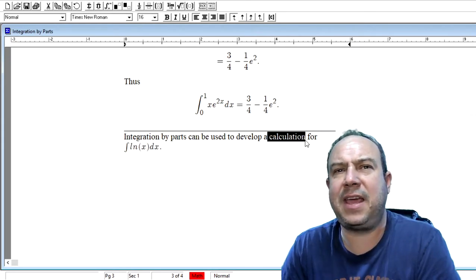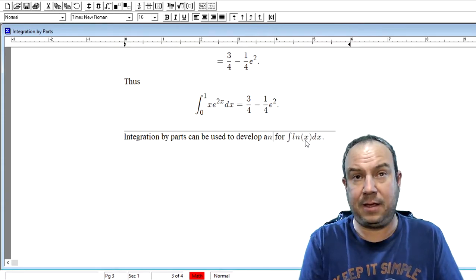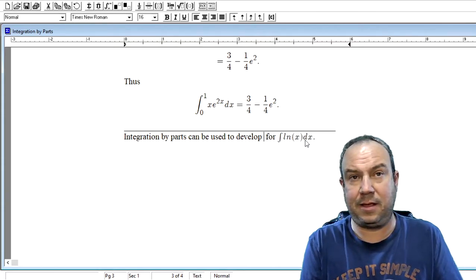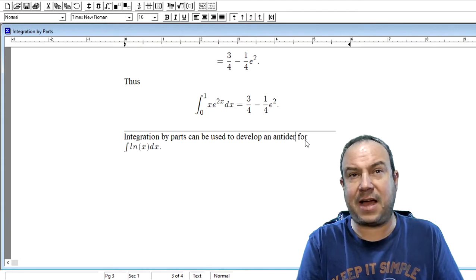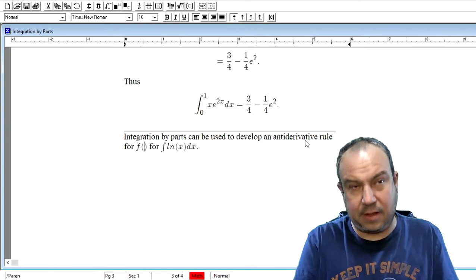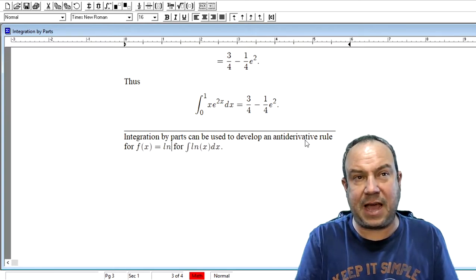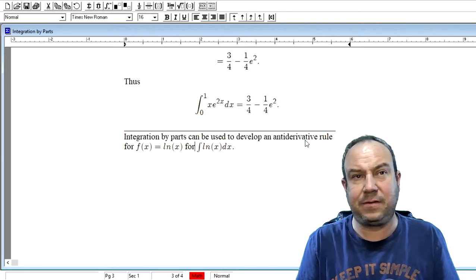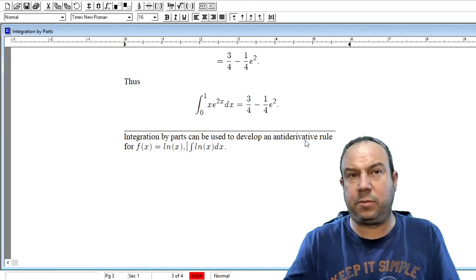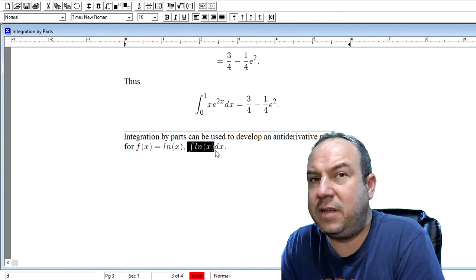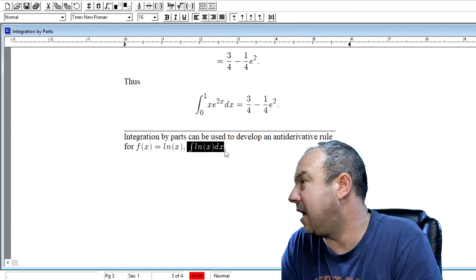We have yet to learn an integration rule for the integral of the ln of x dx, to develop what we might say is an antiderivative rule for f of x equal to the ln of x, which would be the integral, the antiderivative, of the ln of x dx.